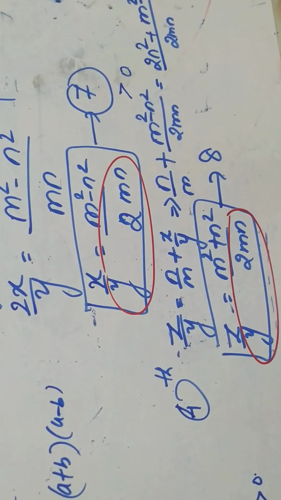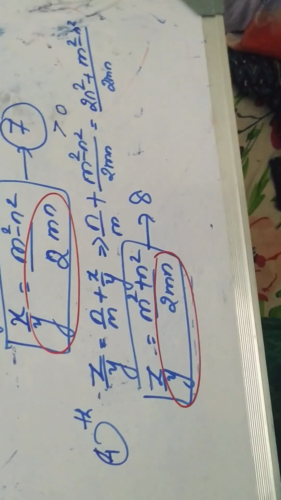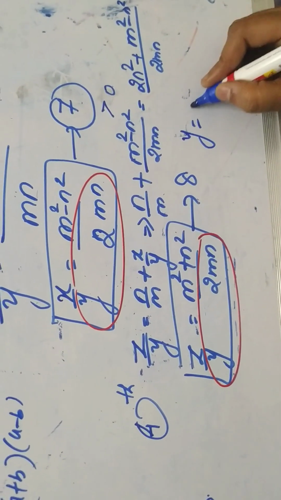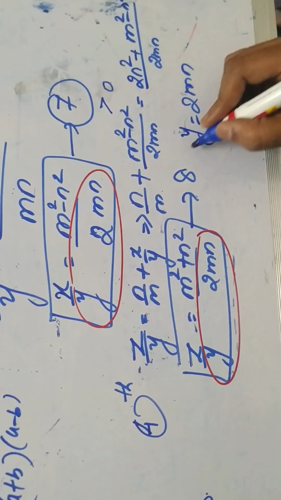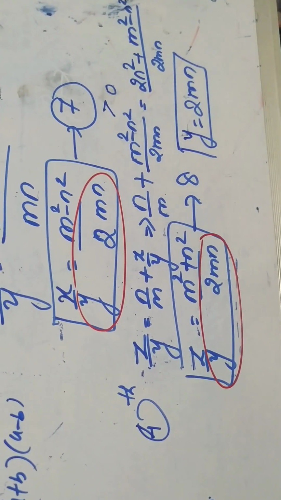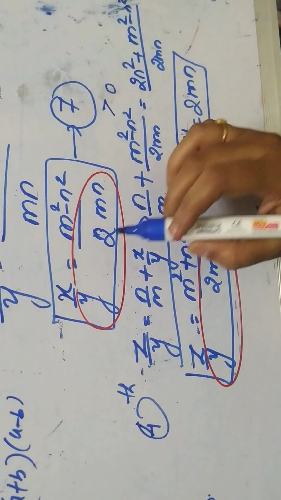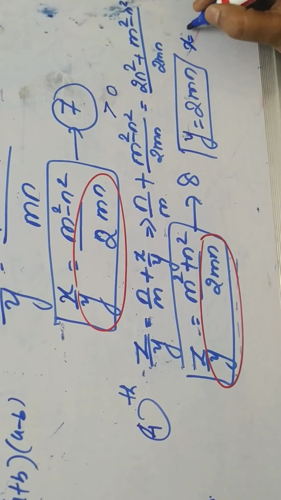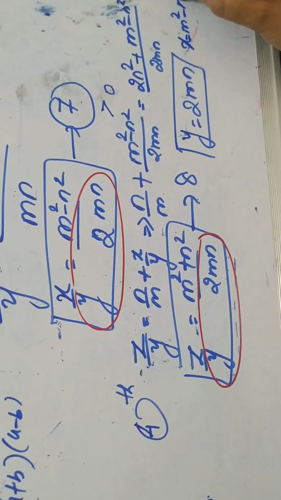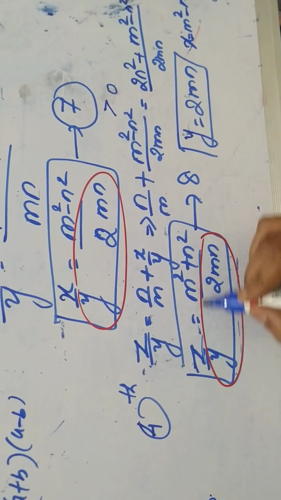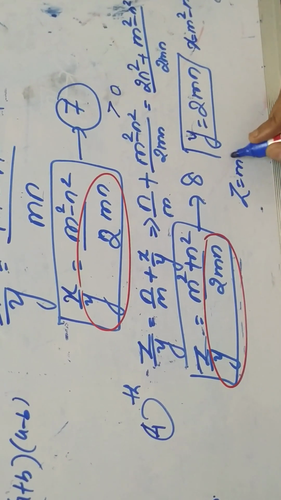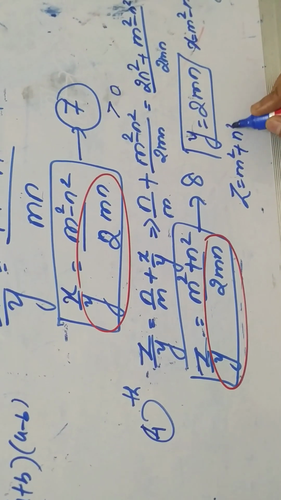The value of y in the expression is y is equal to 2mn. It is fixed. Now check the numerator part. So what is x from here? M square minus n square. What about z? M square plus n square.